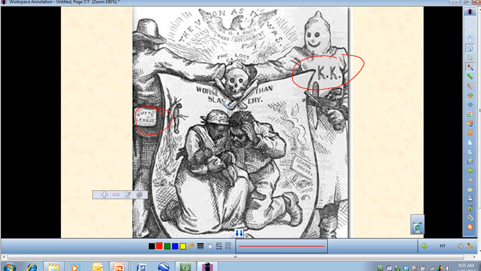With the passage of the 14th Amendment, and then in 1870, passage of the 15th Amendment guaranteeing African American men the right to vote, these men could hold political office.